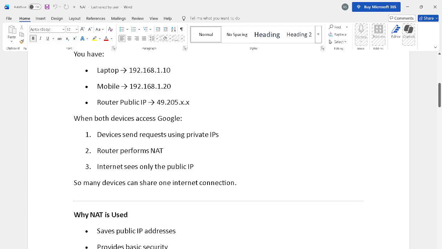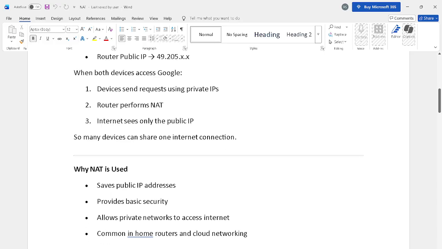The router performs NAT, so multiple private IPs can access at the same time. By using NAT, the internet sees only the public IP, 49.205.x, like that. So many devices can share one internet connection.